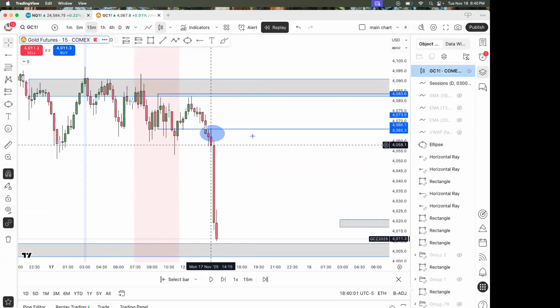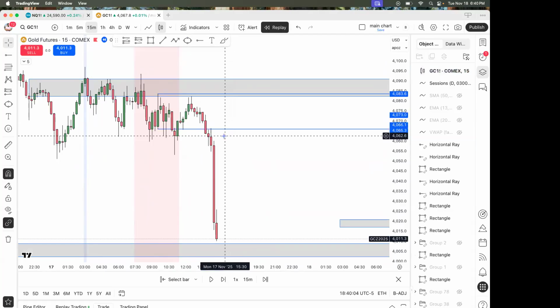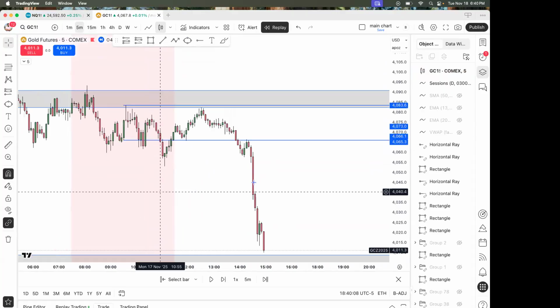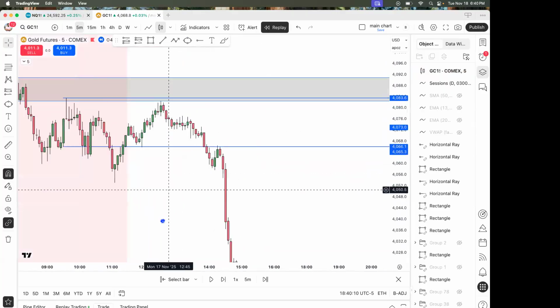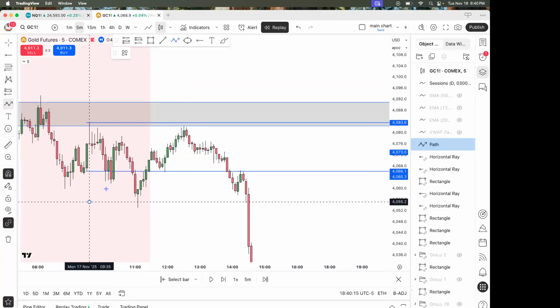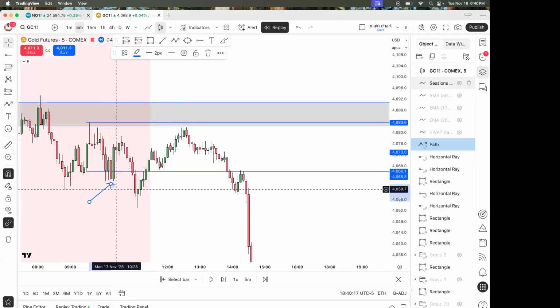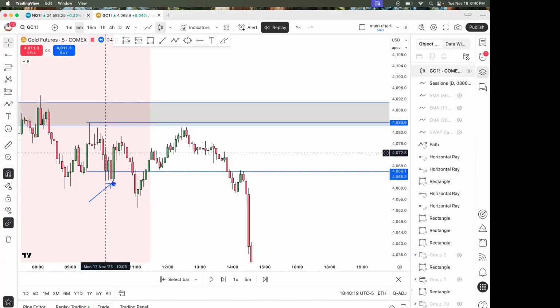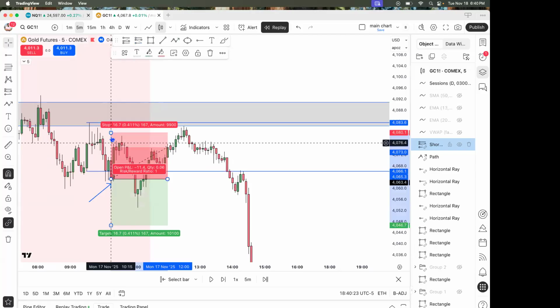All right, so how this happened was right here. On the current time, I actually entered this trade right here and it was a loss because on the 15 it was a wick. It didn't pass. It was just a wick. So as soon as I entered, it turned around.